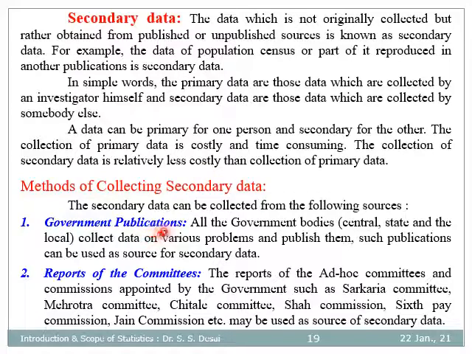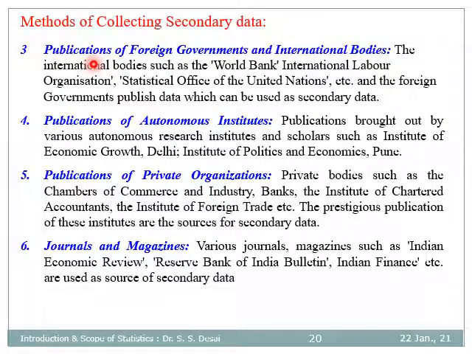These are the methods for collecting secondary data: government publications, reports of the committees, publications of foreign governments and international bodies, publications of autonomous institutes, publications of private organizations, journals and magazines.